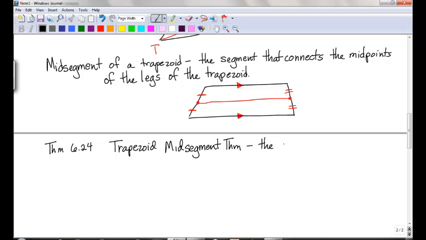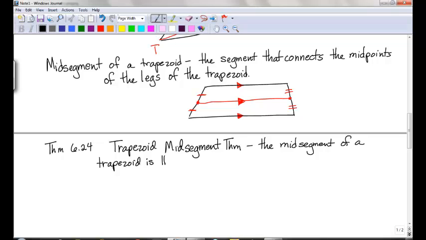It says the mid-segment of a trapezoid is parallel, so you can mark this one also parallel to the other two.